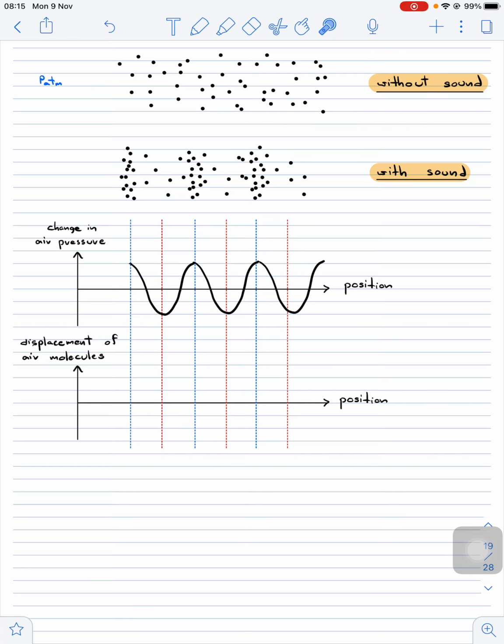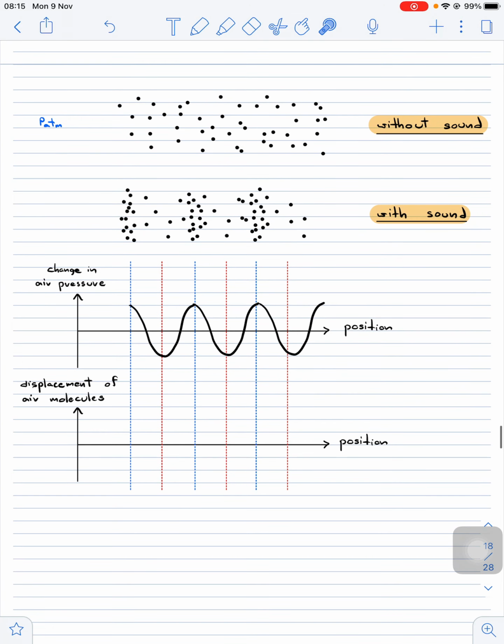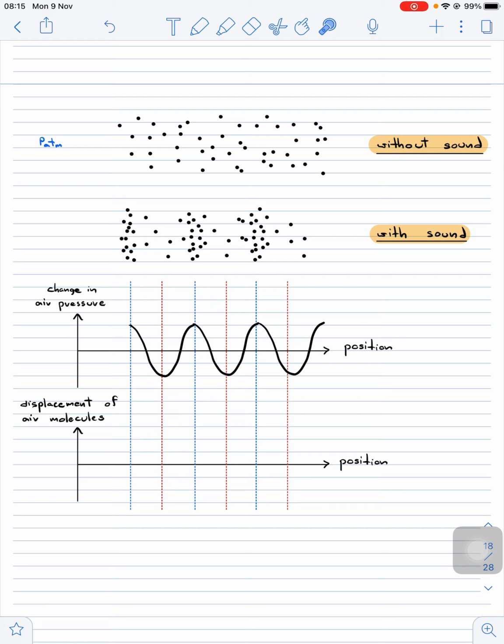Okay, so how about the displacement of the air molecules here? Let's see. If we consider the air molecules exactly at the compression at this position, you're going to see that the neighboring molecules move and then compress to this position.